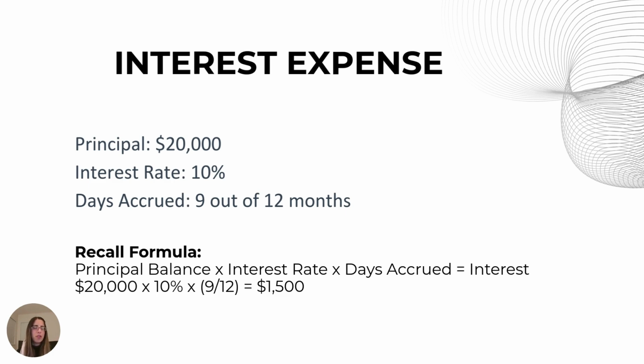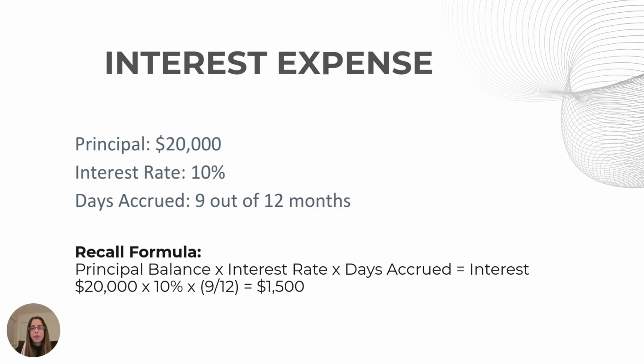So we use the principal balance of 20,000, times the interest rate of 10%, and then multiply it for the duration, 9 months, from April to December. So 9 over 12. That gives us an interest expense amount of 1,500.